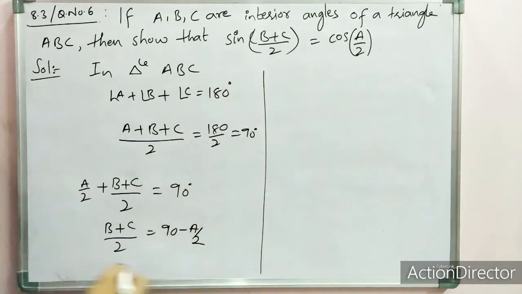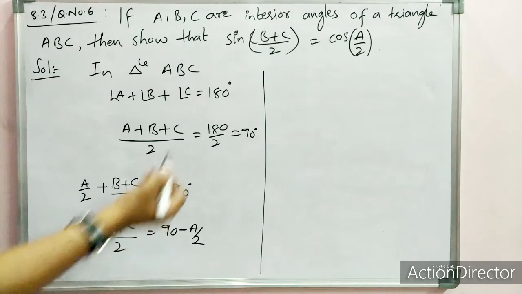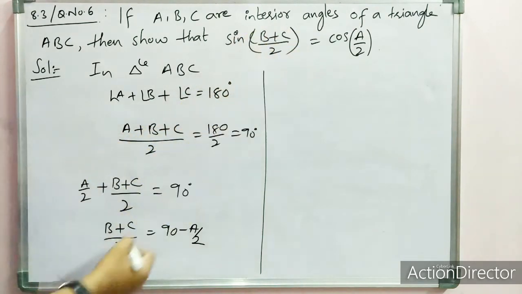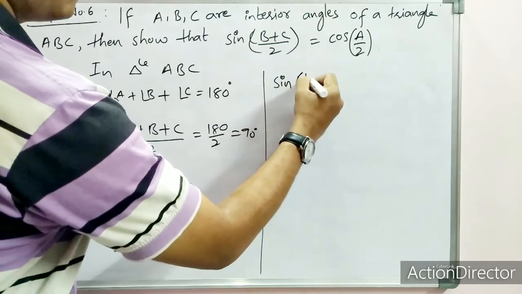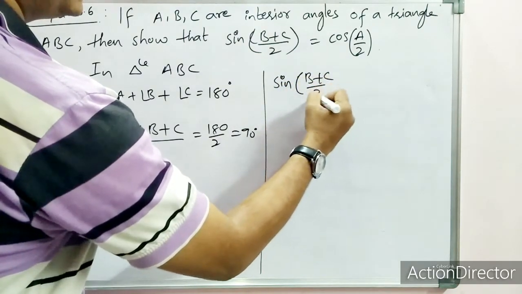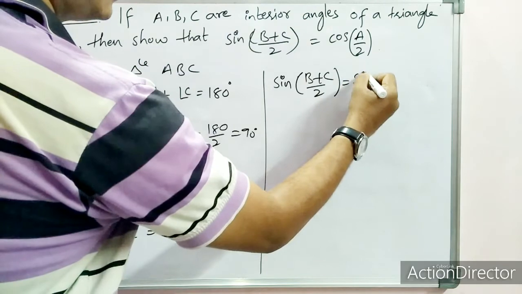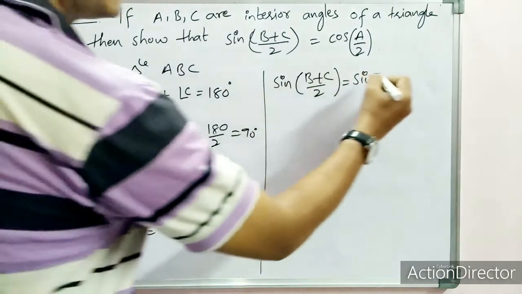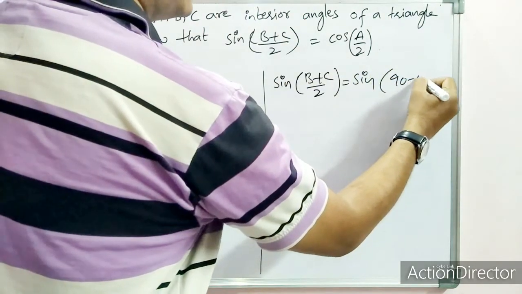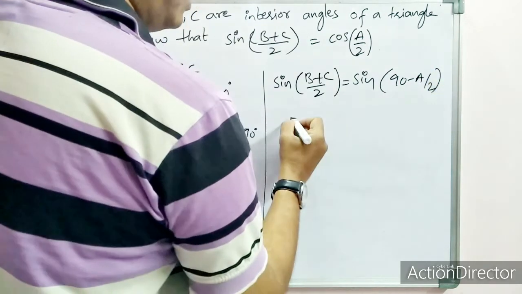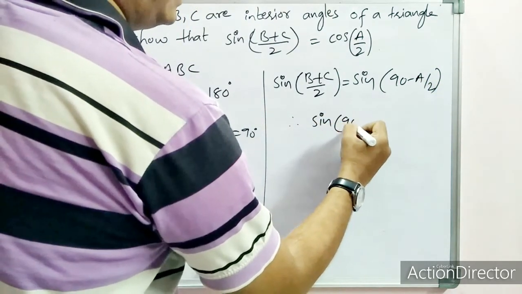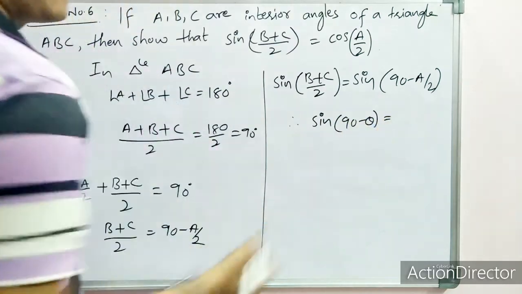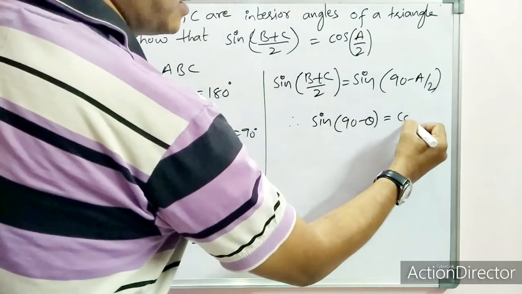Now apply the sine, because we have sin of (B plus C) by 2. Apply sine to both sides. Sin of (B plus C) by 2 becomes sin of the right side part, 90 minus A by 2. Now we have a complementary formula: sin (90 minus theta) is cos theta.